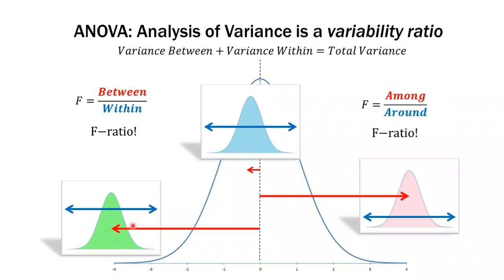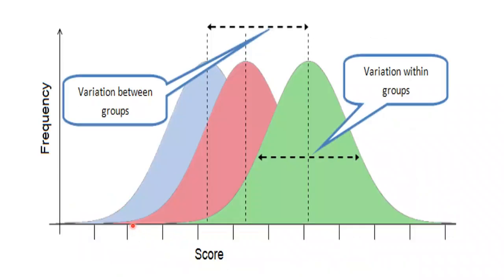This is known as the variance between. So the Fisher test or F test is the variance between the groups and the variation within the group.